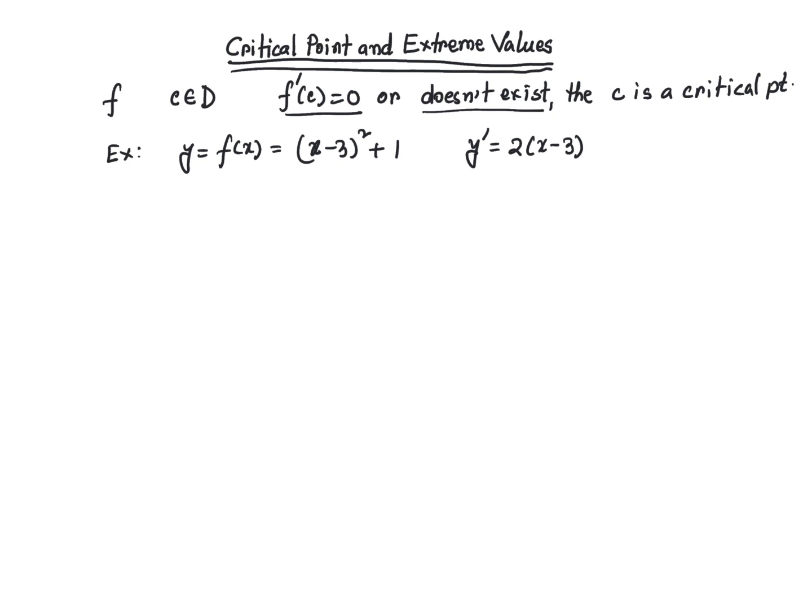The derivative of x minus 3 is just 1, plus the derivative of 1, which is 0. So let's find out for what value of x this is going to be 0. If you solve for x, you can see right here that x is going to be 3. So x is equal to 3 is a critical point for this function.